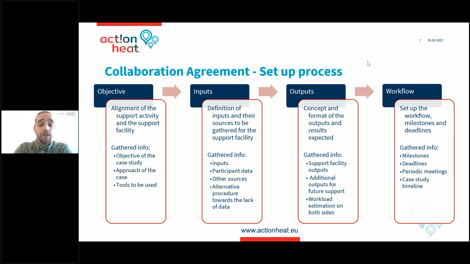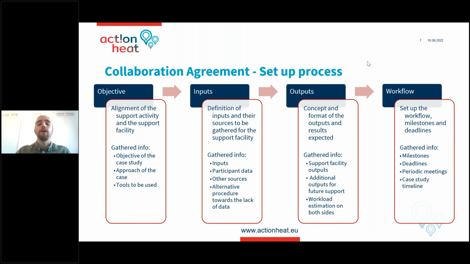Then for the information that is not found yet, we can go to other sources, so identify these sources, and in case we don't find any sources or we cannot think of any, we can find alternative procedures toward the lack of data. Once all the inputs needed to fulfill your objective have been defined and their sources identified, we can go to the outputs.